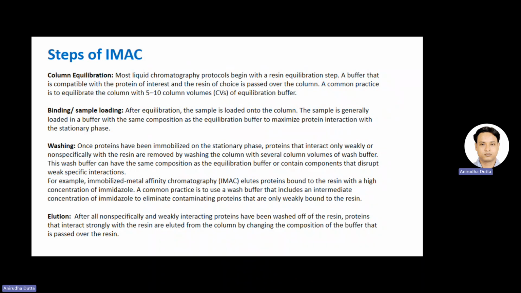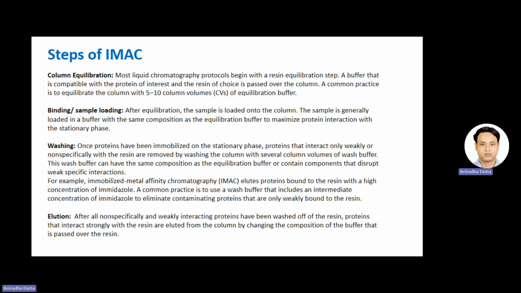Once the washing is done, we expect that there would be no unwanted protein or impurities bound to the column anymore. Then we go for elution. Until now, whatever came into the flow through, we discarded, because those are impurities.